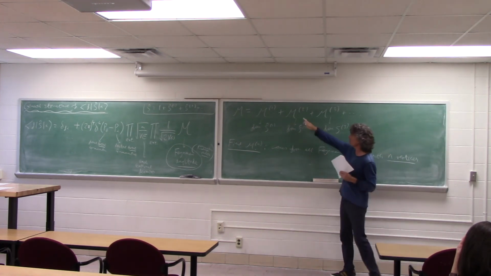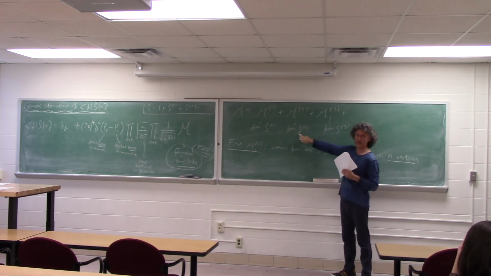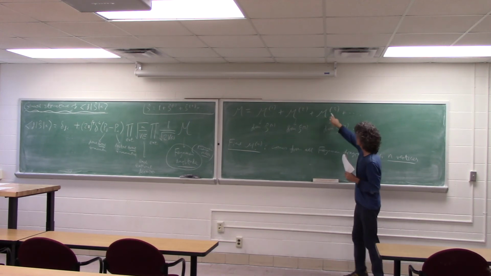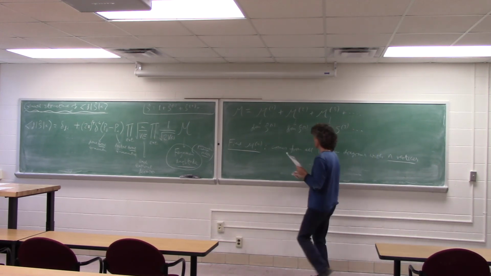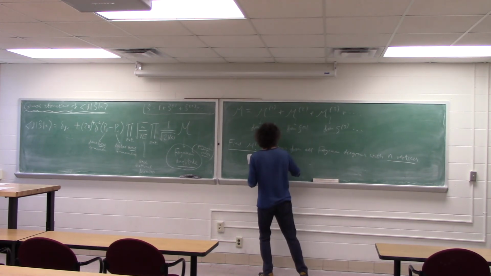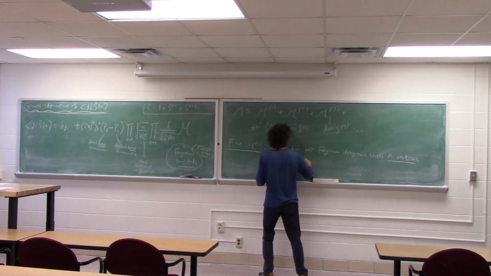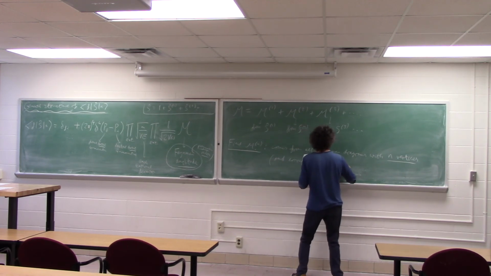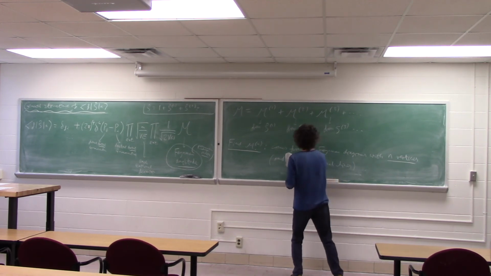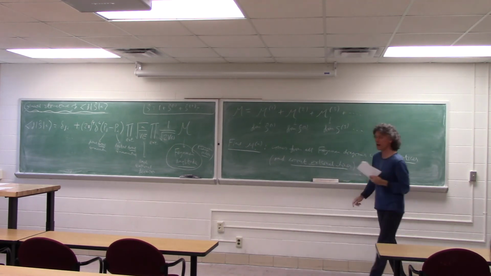So the second order part comes from Feynman diagrams with 2 vertices, the third order part comes from Feynman diagrams with 3 vertices, etc. And of course the correct external lines. When I say the correct external lines, what do I mean?